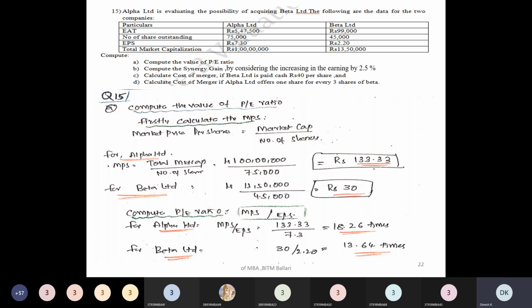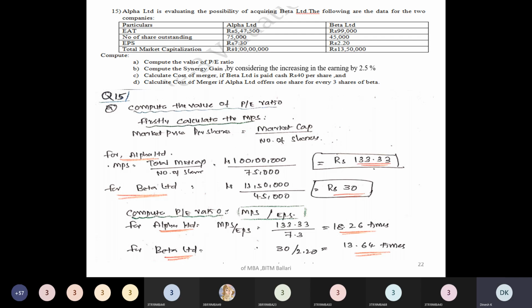The number of outstanding shares of the acquiring company is 75,000, and for the target it is 45,000. Then we have earnings per share, which is earnings after tax divided by number of shares, that is 5,47,500 divided by 75,000.